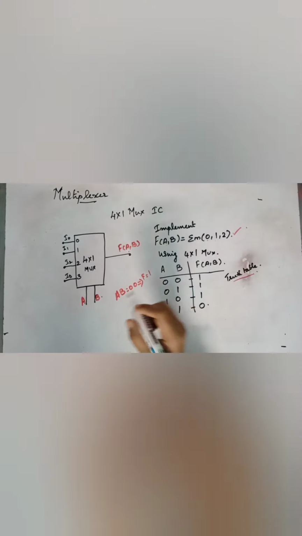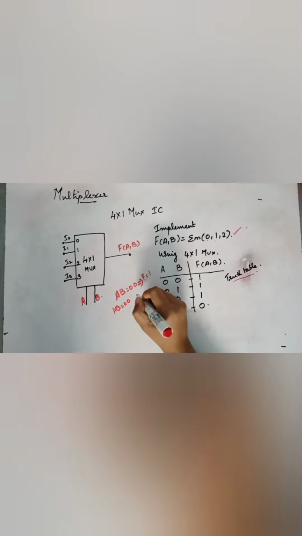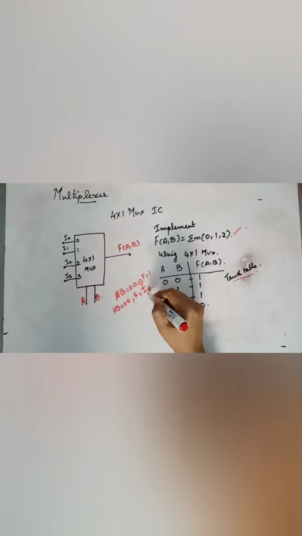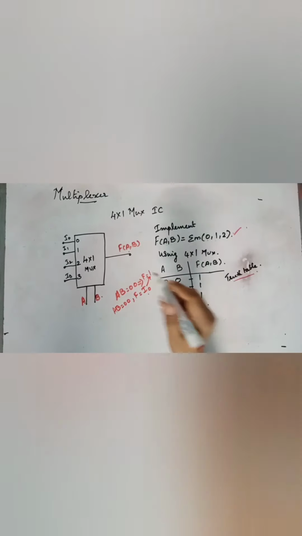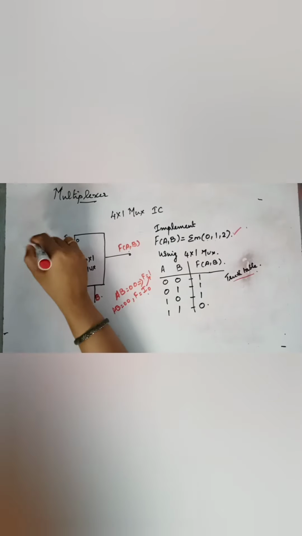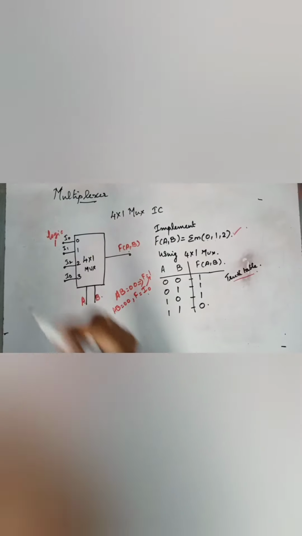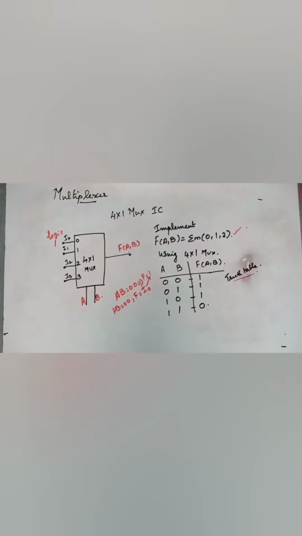But as per the mux, when AB is equal to 0 0, F equals I0. F should be equal to 1. So what should I0 be? I0 should be 1. So I0 I will give as logic 1, a high 5 volt in the case of digital circuits.